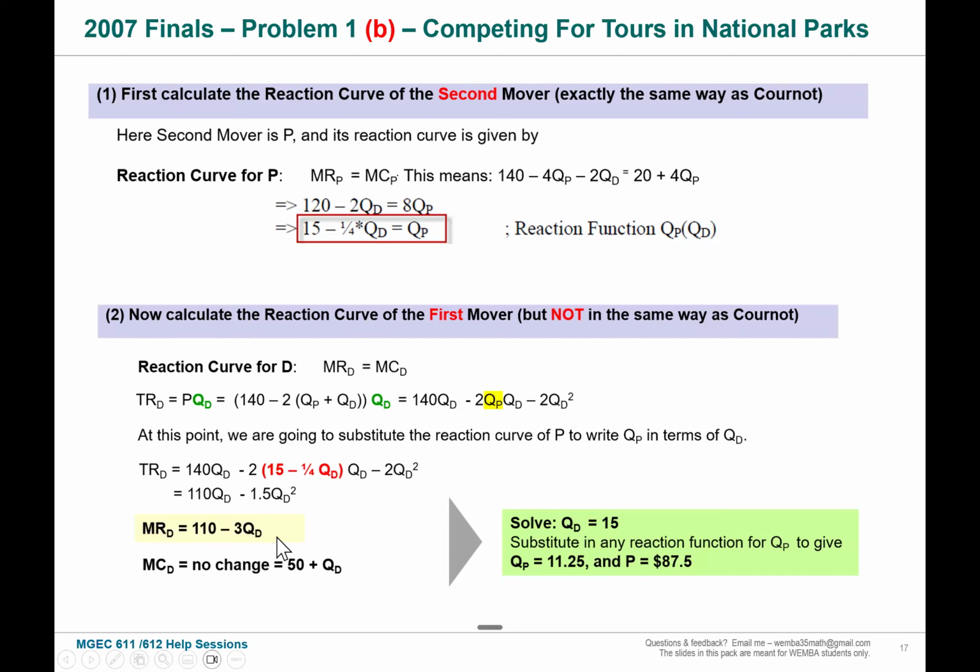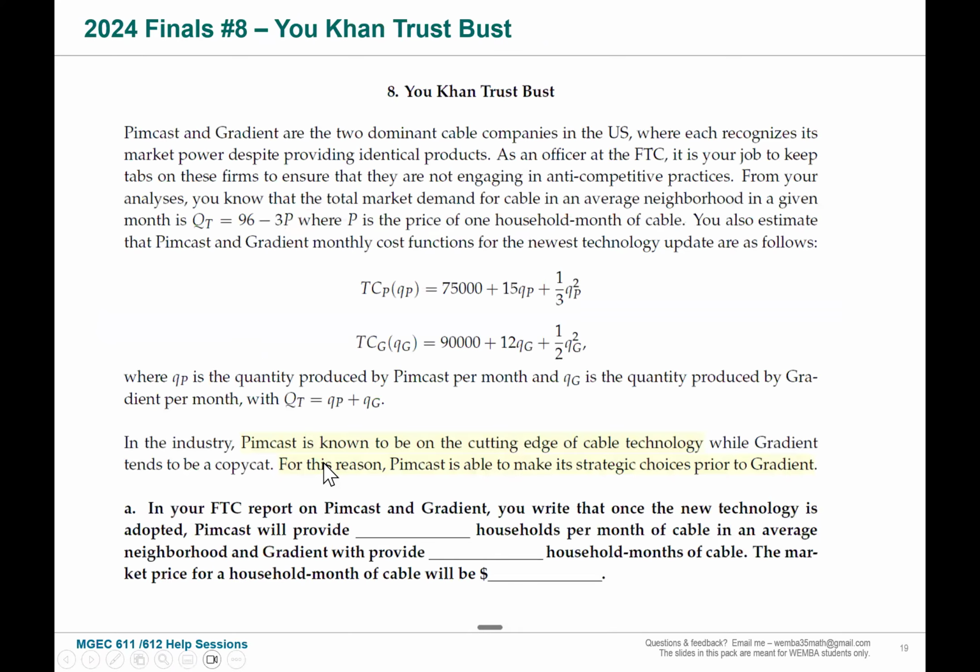Okay, so this was my year, but let's do one more. This is 2024. You can trust or you can't trust bust. Pimcast and Gradient are the two dominant cable companies in the US, where each recognizes its market power despite providing identical products. As an officer at the FTC, it is your job to keep tabs on these firms to ensure that they are not engaging in anti-competitive practices.